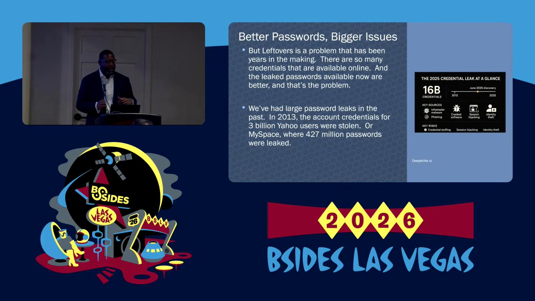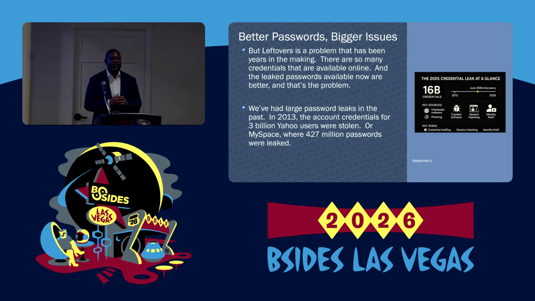Because we are at a situation where a problem that happened years ago has finally reached that tipping point. There are so many credentials available online, and the credentials that are available online now are actually better passwords, right? So we've seen the headlines from years ago where there was the big Yahoo breach and there were 3 billion passwords, but those were bad passwords, right?